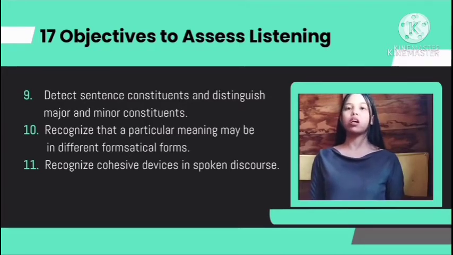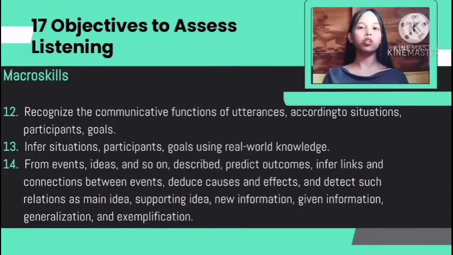So basically, number 12 to 17 are the macro skills. Number 12, recognize the communicative functions of utterances according to situations, participants, and goals. Number 13, infer situations, participants, goals using real-world knowledge.